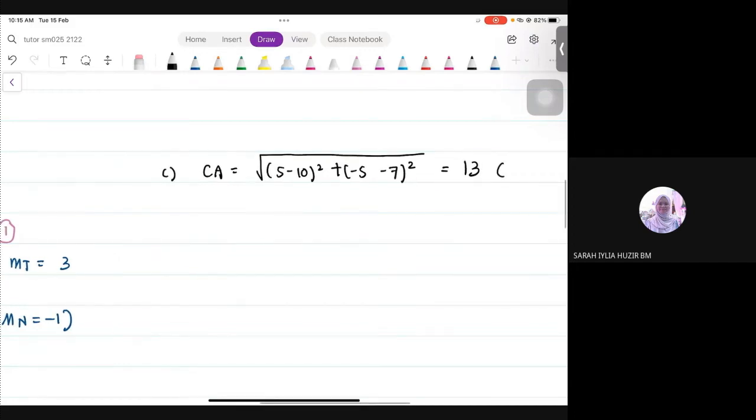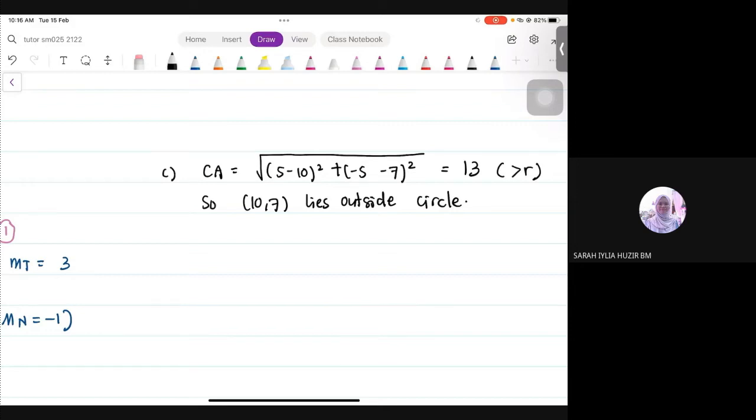And this is larger than the radius. So (10, 7) lies outside of the circle. The concept is simple. Find the radius, find the distance. If it's longer, it's outside. If it's shorter, it's inside.